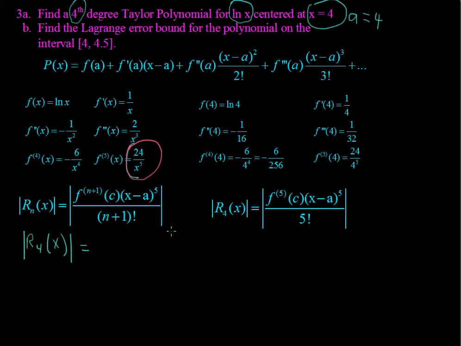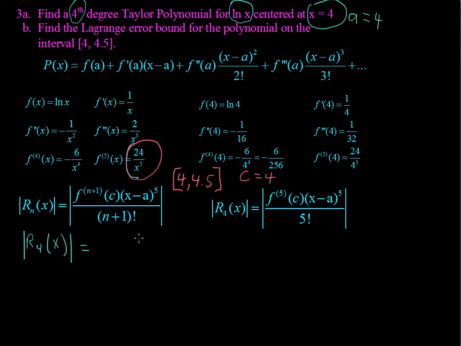And remember, the interval we're talking about is between 4 and 4.5. Since it's a fraction with the x's all in the denominator, this is at its largest when the denominator is at its smallest, so x equals 4. So in this case, our c is equal to 4. Again, that's because the value of the fifth derivative is greatest on this interval between 4 and 4.5 when x is equal to 4.